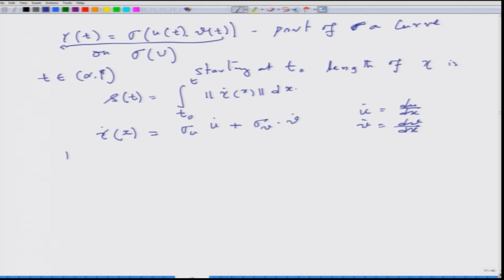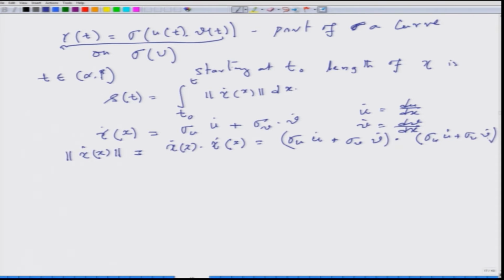So, what is the norm of gamma dot? The norm of a vector I can calculate if I take the inner product with itself. So, that is the inner product of sigma u u dot plus sigma v v dot with itself, correct.